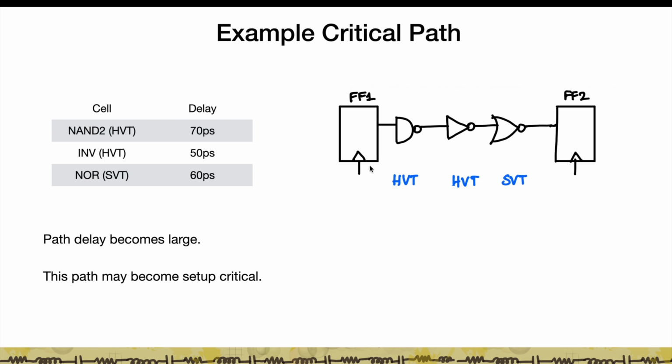Their individual delays are 70 picoseconds, 50 picoseconds, and 60 picoseconds respectively. Add those up along with the launch flip-flop clock to Q delay, and you already have a substantial total. Now sprinkle in some wire delay from routing, and this path is a setup violation candidate. This is exactly the kind of path that shows up on your worst negative slack report after the first sign-off run.